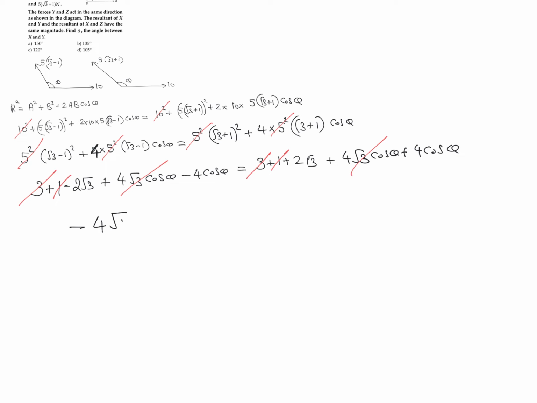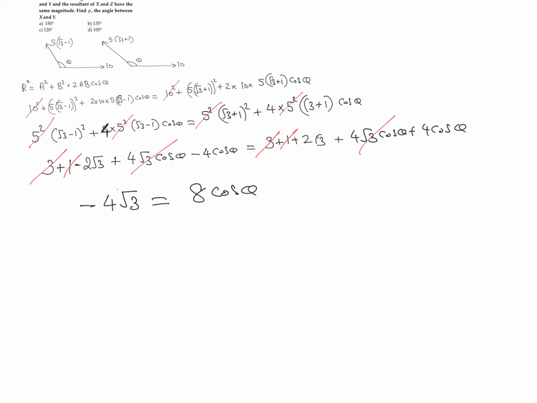This is equal to, moving 4 cos theta to the right side, plus 4 cos theta and plus 4 cos theta, which is 8 cos theta. Now we cancel 4 and 8, so this is 2.